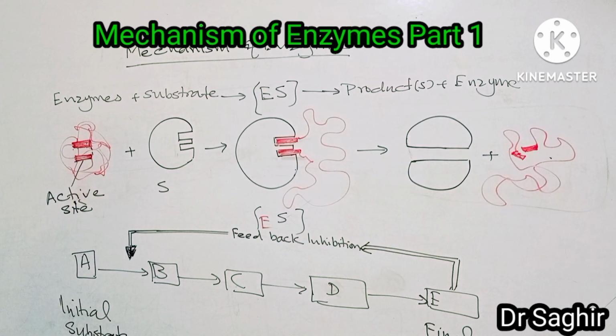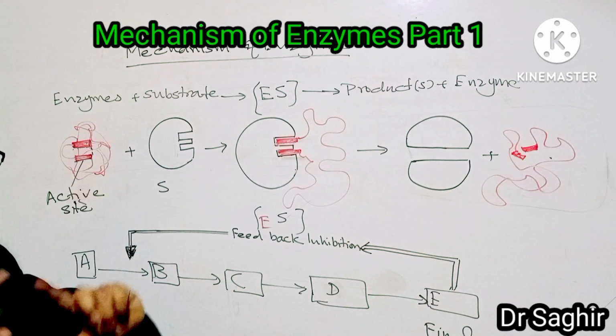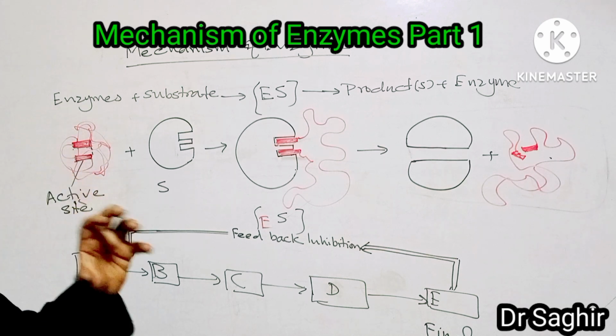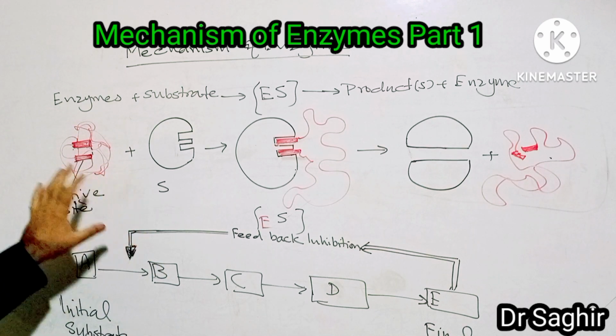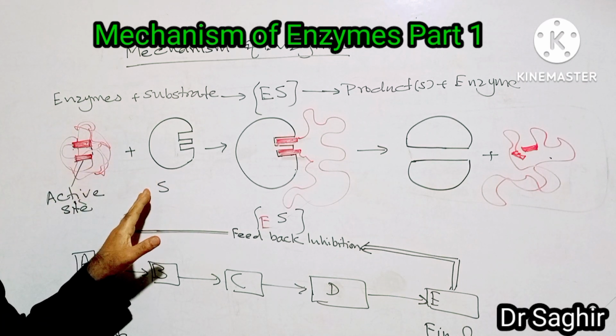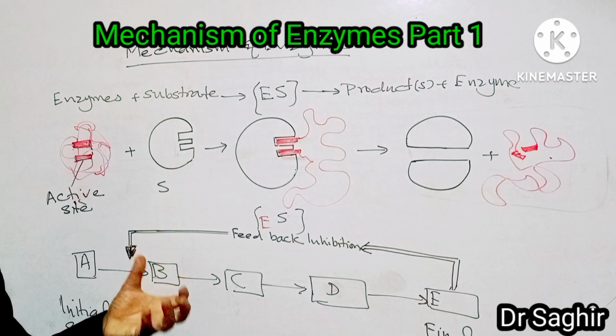But the active site is maintained by all the other amino acids present in the globular structure of this molecule. This is, for example, the substrate. I have drawn here the supposed structure of a substrate.